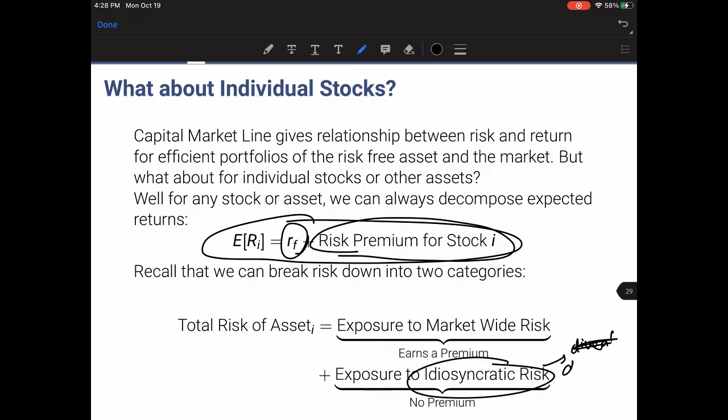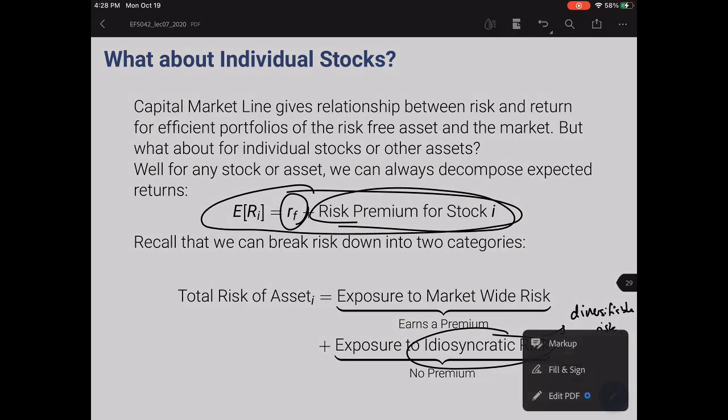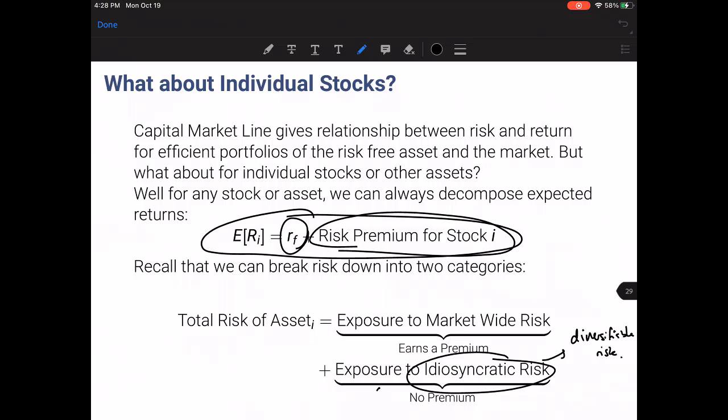So, diversifiable risk. Let me restate what I said several times already last week: it is not priced, since it can be eliminated for free via diversification.